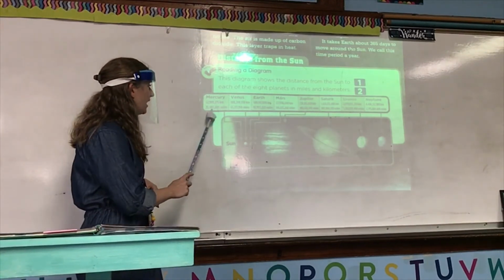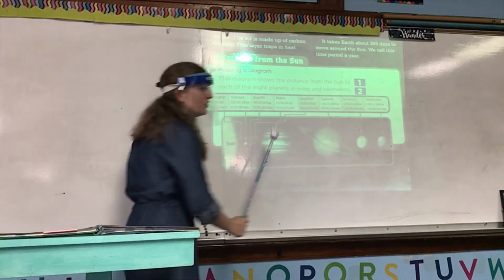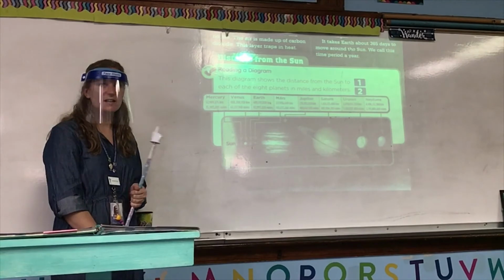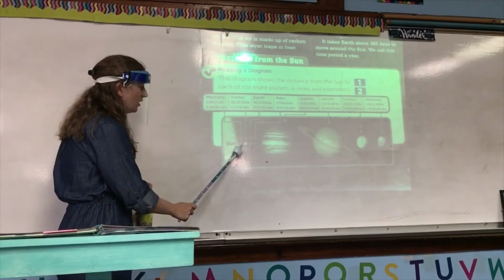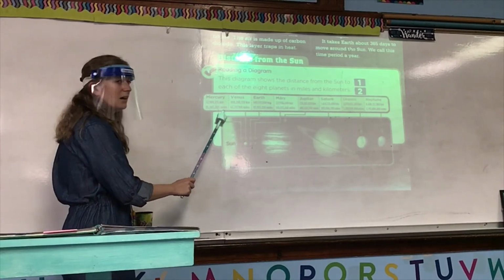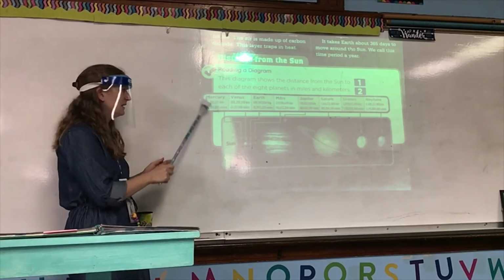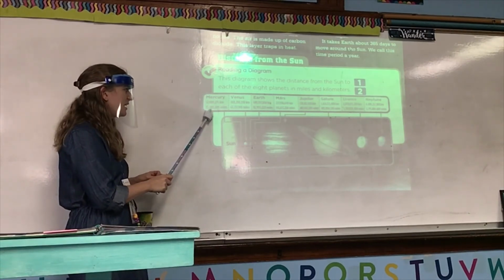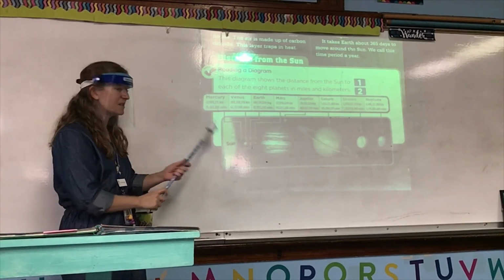Good. The bottom number for each of these planets is how many miles the planet is from the sun. The top number is how many kilometers. So Cullen told us that Mercury, she followed the arrow up to the part of the box that told us about Mercury, and it is 35,983,095 miles from the sun.